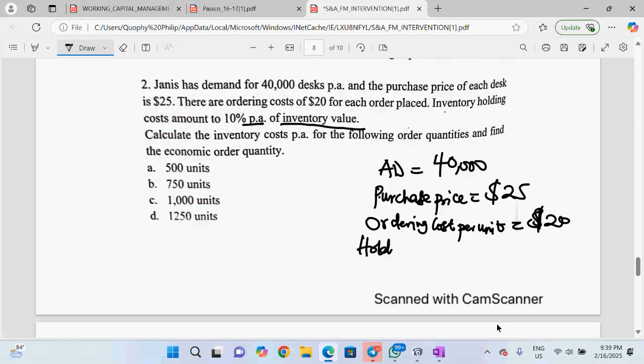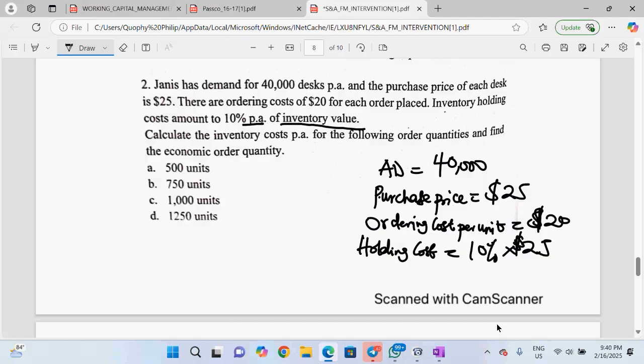So the holding cost per unit is basically 10% of the purchase price, which is $25. That is what they are telling us.